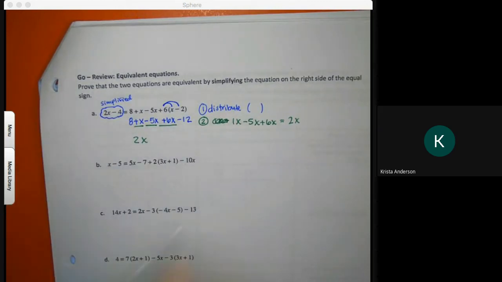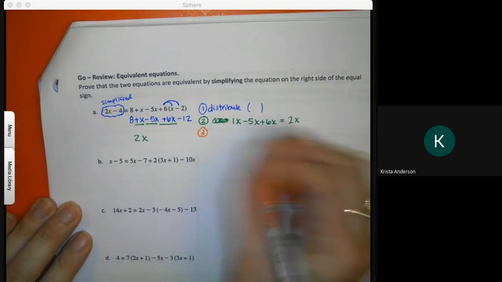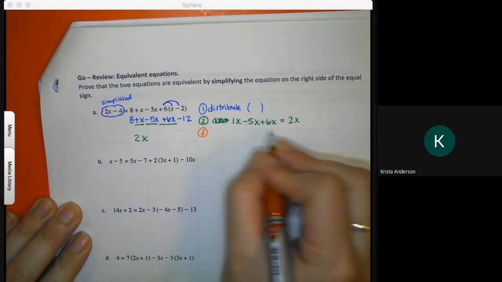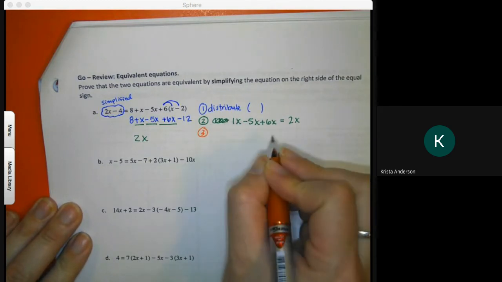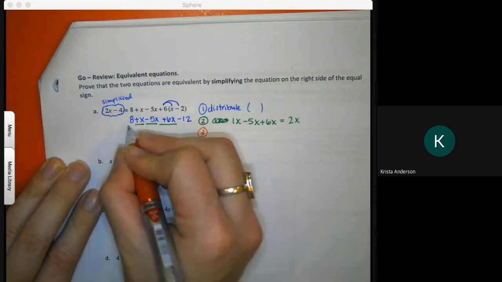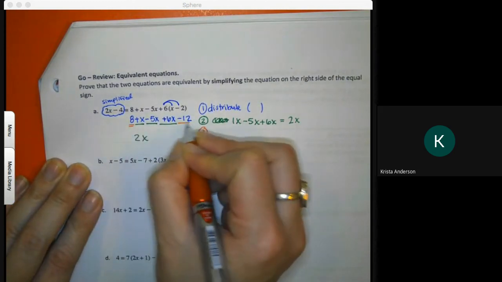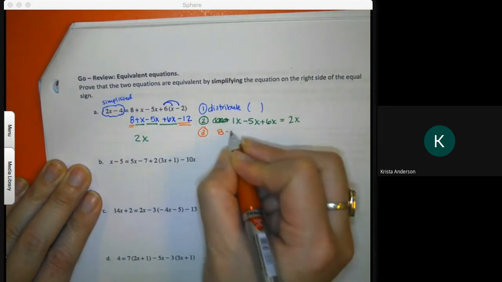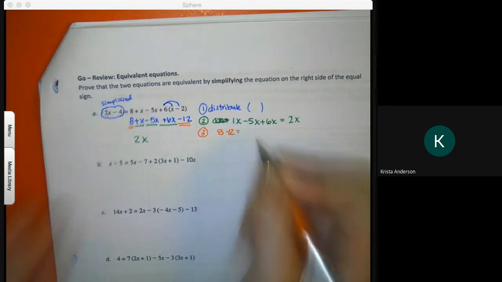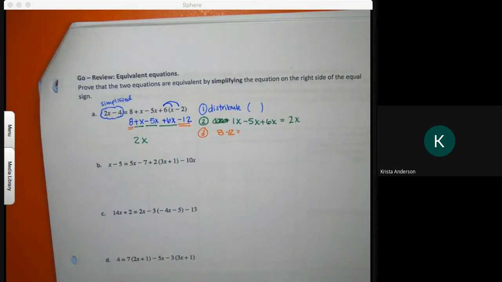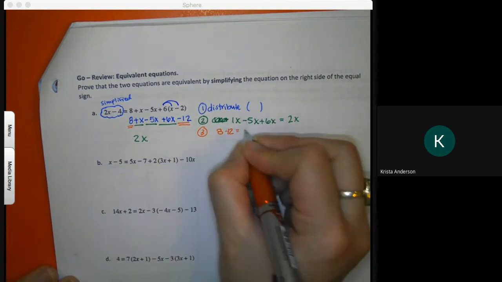Then, this I'm doing in my head. You do not have to write this out. You can do that in your head, easy. So then what would 8 minus 12 be? 8, 9, 10, 11, 12. That'd be negative 4.